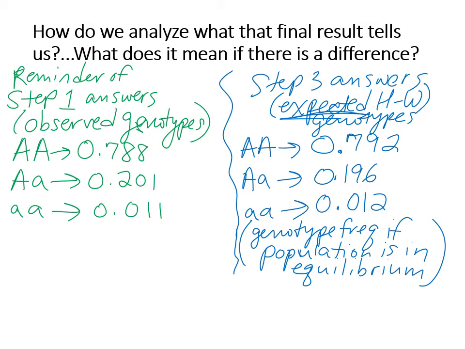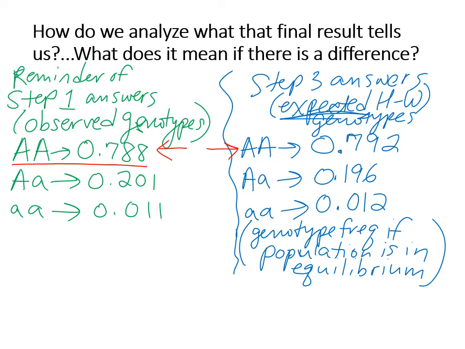Well, we compare what we actually see in the population with what we would expect in equilibrium. So for instance, our population has 0.788 or 78.8% homozygous dominant. I'm referring to the first one here.